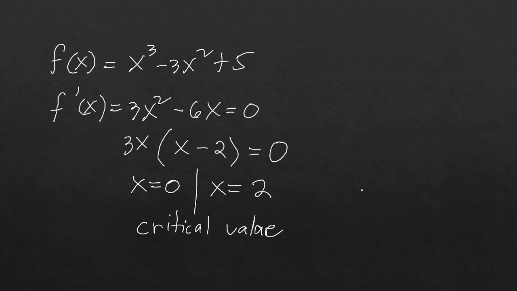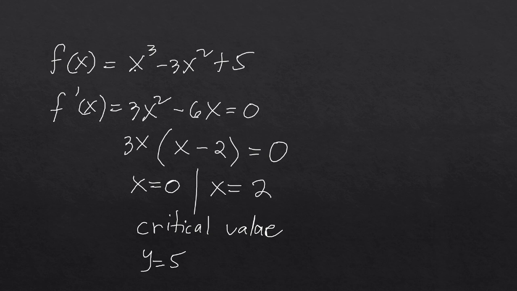So out of our critical values, we will also solve for the critical points. Of course, we will just have to find the corresponding y for each x here. So if we substitute it back to the given, if x is equal to 0, it becomes 0, 0, then 5. So your y here is 5. And the other one, when your x is 2, it will be 2 cubed.